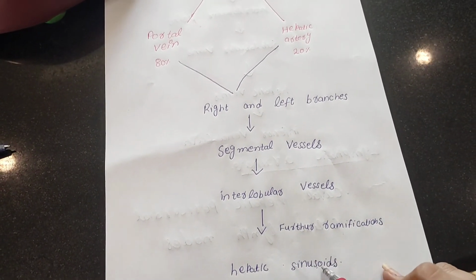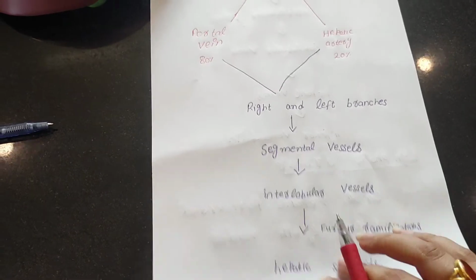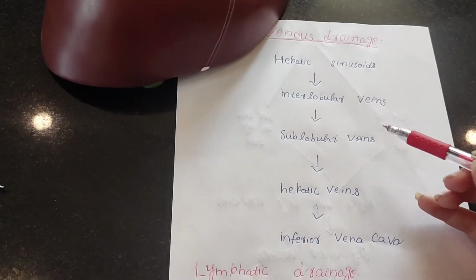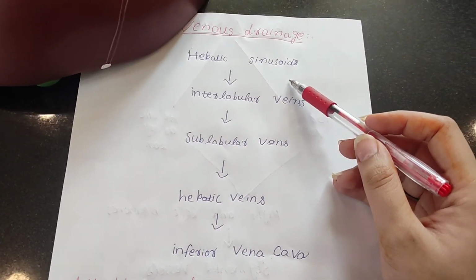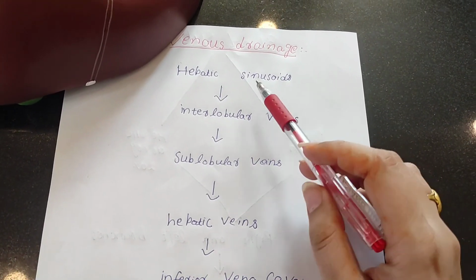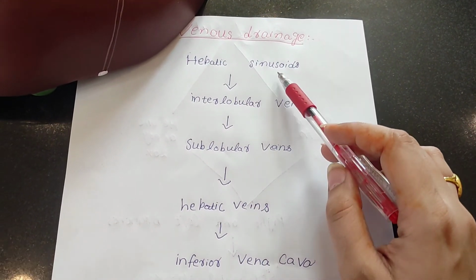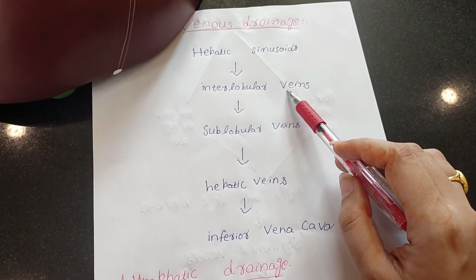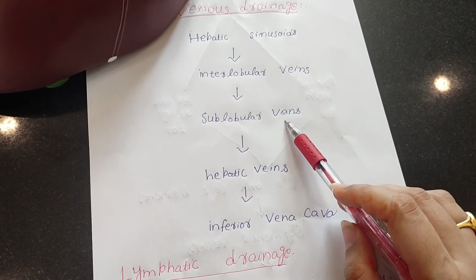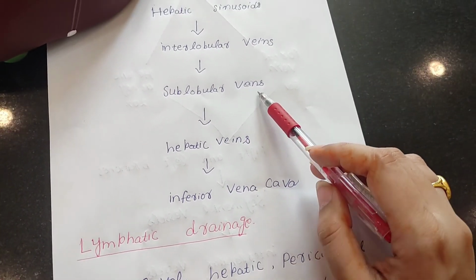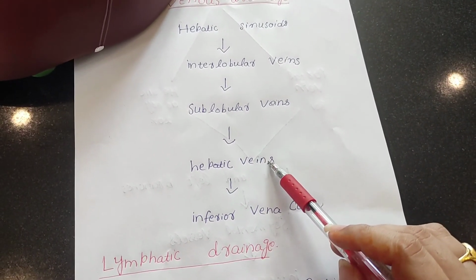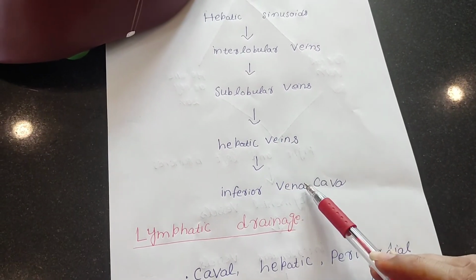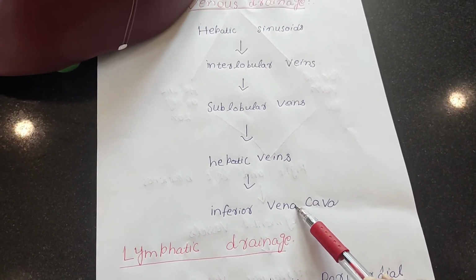While venous drainage is the exact opposite system: the arterial supply was going into the hepatic sinusoids, but here venous drainage starts from the hepatic sinusoids, then goes into the interlobular veins. From the interlobular veins they join and form the sublobular veins. These sublobular veins then drain into the hepatic veins, and the hepatic veins ultimately drain into the inferior vena cava.